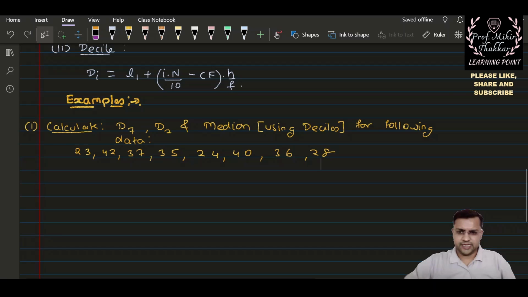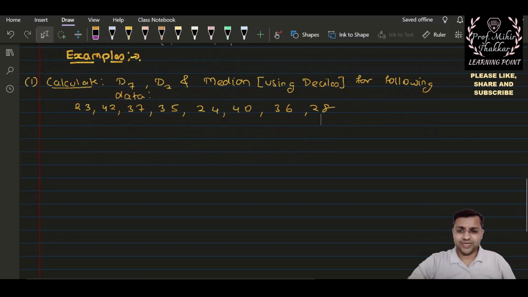It says calculate D2, D7 and the median using deciles for the following data. You are given a very easy data, looks like a raw data to me.